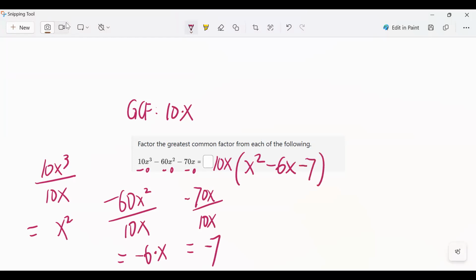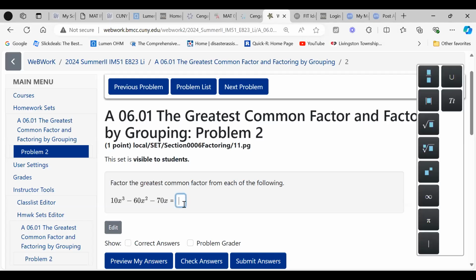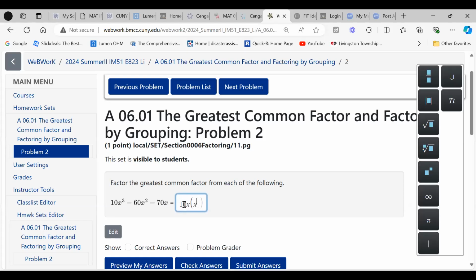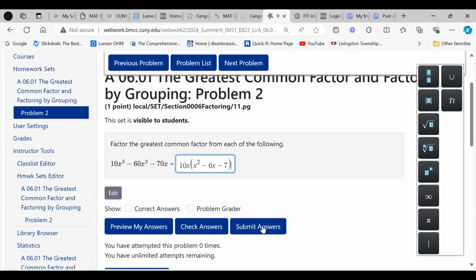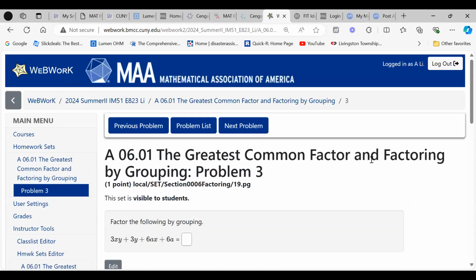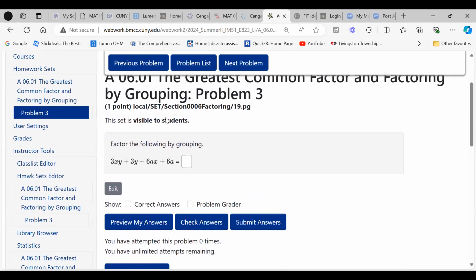So minus 7. Any question about this? So we do 10x (x squared minus 6x minus 7). Let's check the answer. Yeah, it's good.